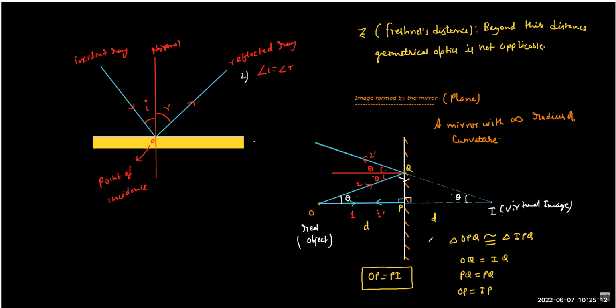So now what we can see is that in case of plane mirror, if the object is real, the image is virtual. But plane mirror can form real images also. When can the plane mirror form real images? Tell me.